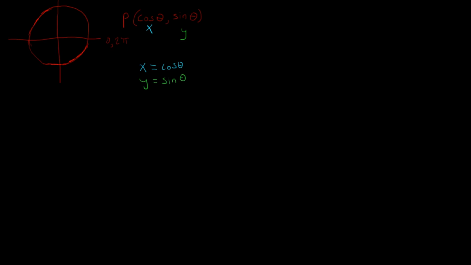In our formula for arc length, we need to know what the derivative of x with respect to theta is and what the derivative of y with respect to theta is. We already have x and y isolated, so we can easily take the derivative of both sides with respect to theta. Of x equals cos theta, we take the derivative with respect to theta.